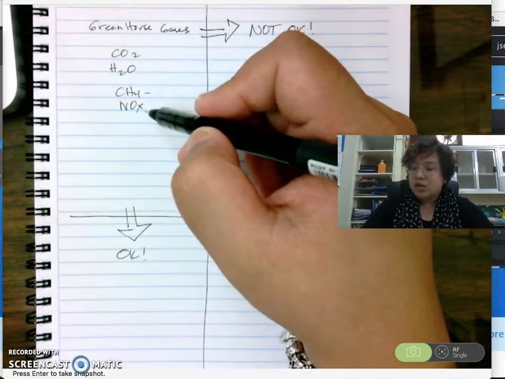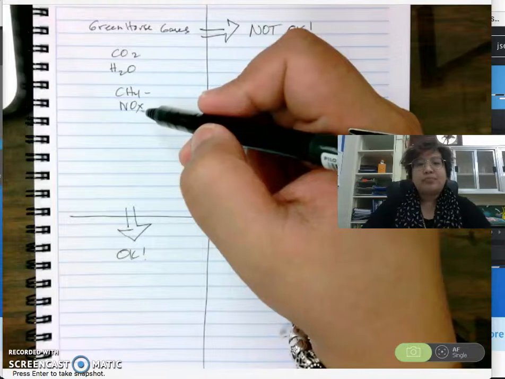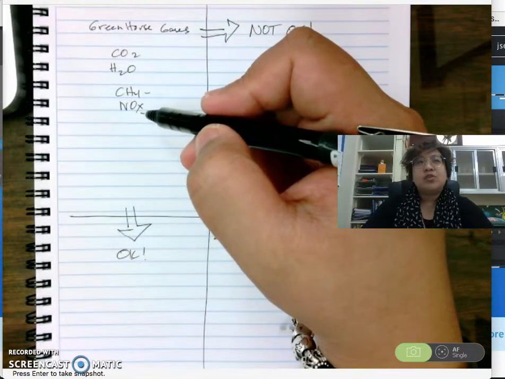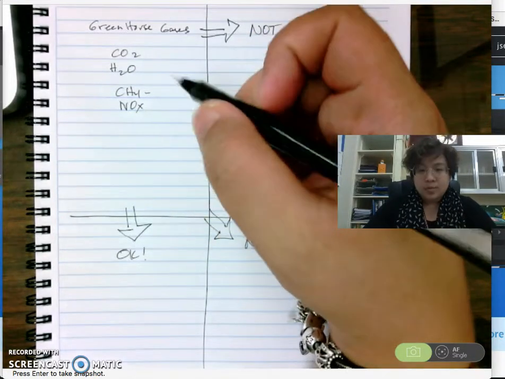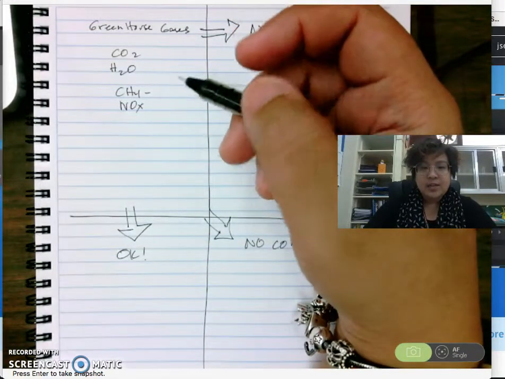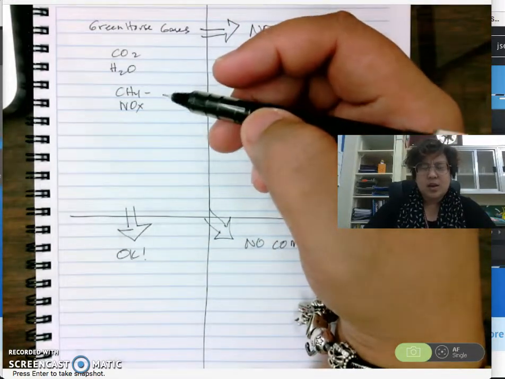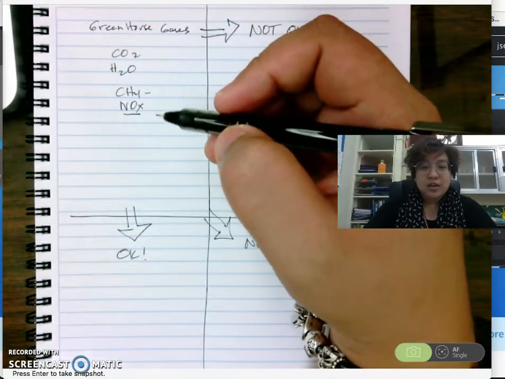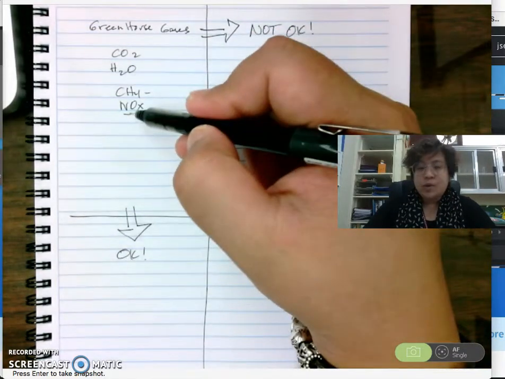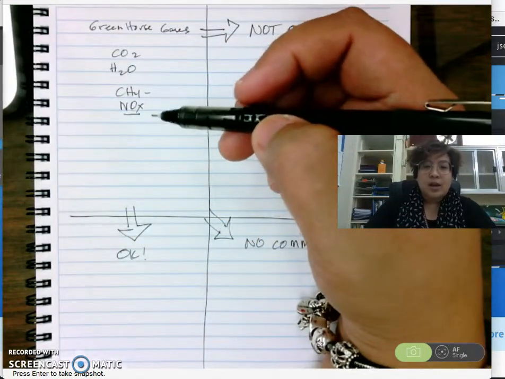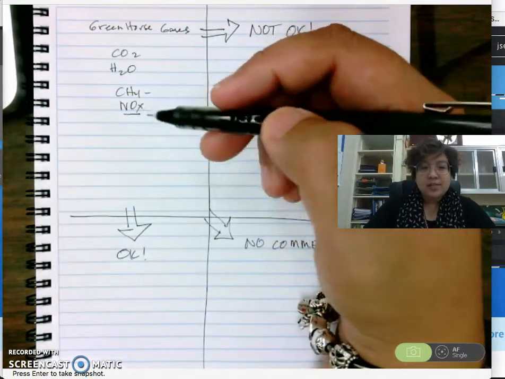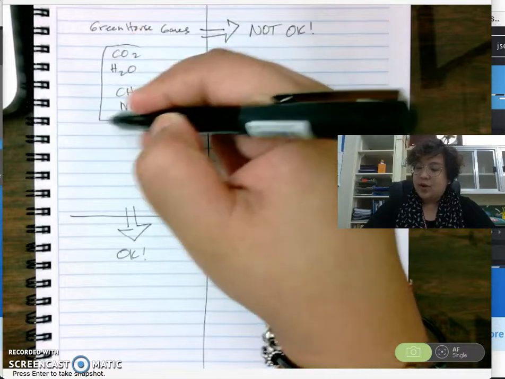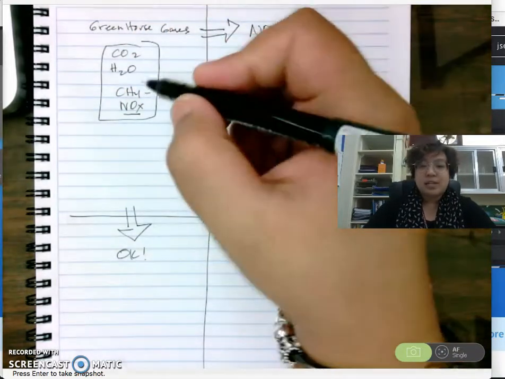Oxides of nitrogen are from vehicle exhaust. This can also be naturally produced by bacterial organisms. So these are the 4 greenhouse gases.